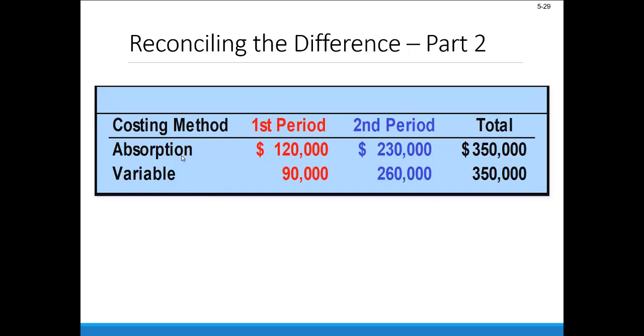Under absorption costing, it moves with the sale of the physical goods. So we'll have differences anytime sales and production are not equal, right? If we sold exactly as many units as we made every period, we'd get the same income number under both methods. We'd never be deferring or releasing from inventory any fixed overhead cost under absorption costing.